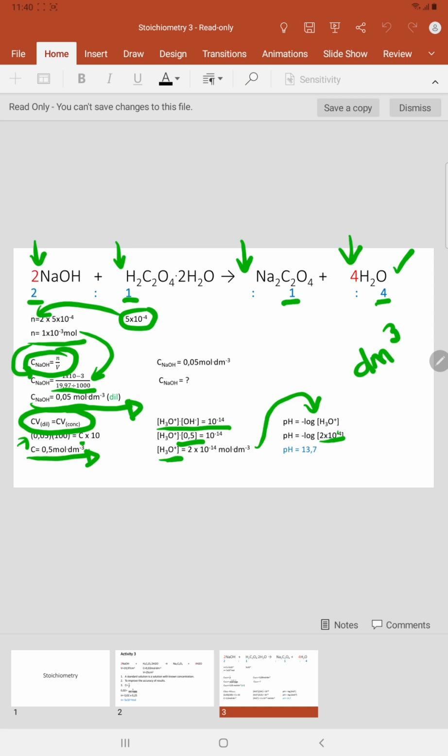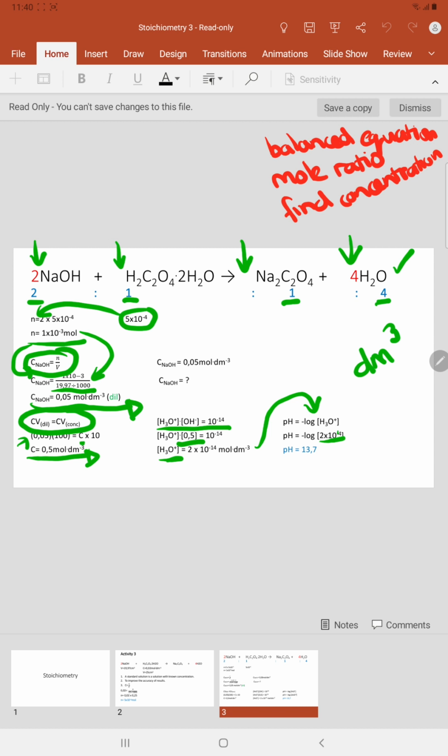For this type of question, in order to help students to get the maximum number of marks, always start with: is the equation balanced? Once you've checked that, calculate the mole ratio. Use your mole ratio to then find the concentration.